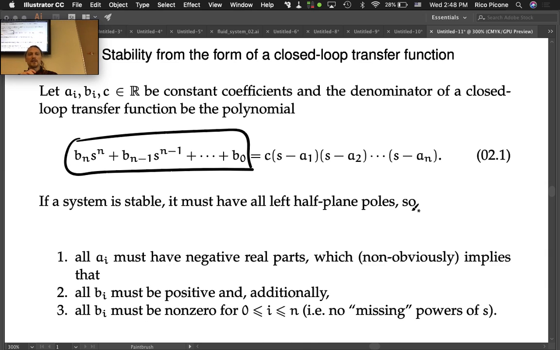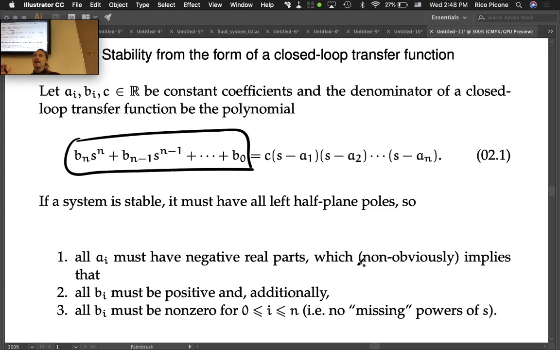If the system is stable, it must have all left half plane poles. So all of these A's here must have negative real parts, which non-obviously implies that all of the B's must be positive, and additionally, all of the B's must be non-zero. In other words, there are no missing powers of S.